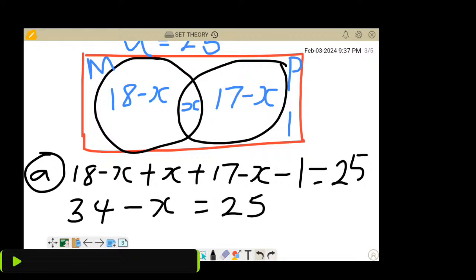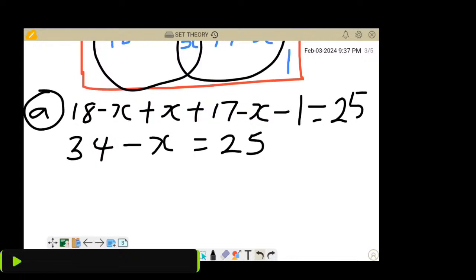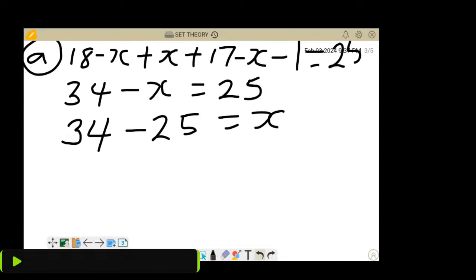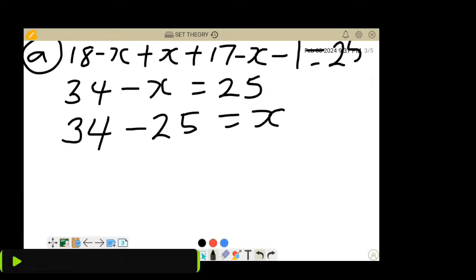So collecting the like terms, we can say 34 minus 25 will be equal to X. So the number that passed both subjects, which is X, will be equal to 34 minus 25.